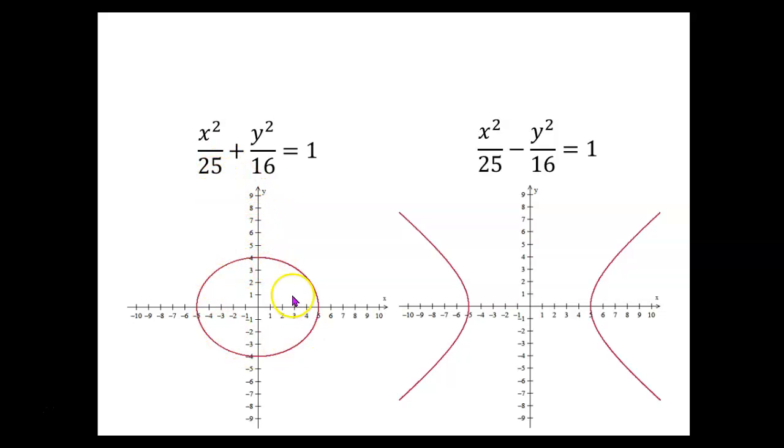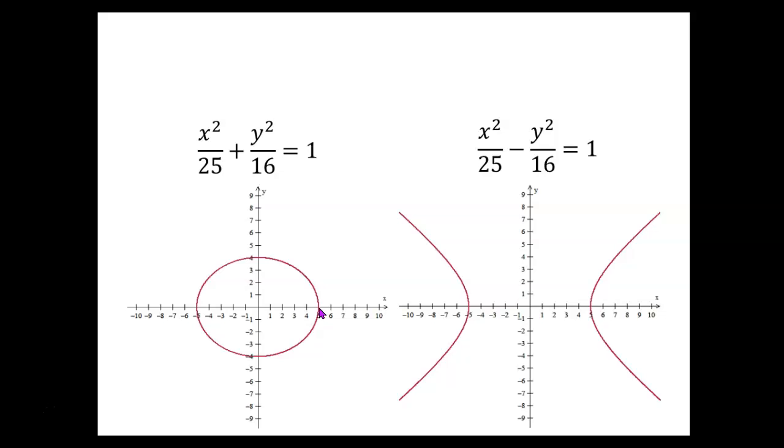Here's an example of an ellipse, x squared over 25 plus y squared over 16 equals 1. If we keep that equation almost the same, but change that plus to a minus, we get a hyperbola. So a hyperbola, in a way, looks like we took the ellipse and turned it inside out.